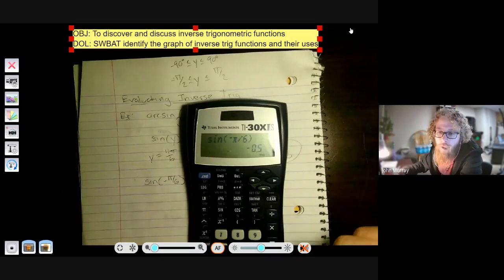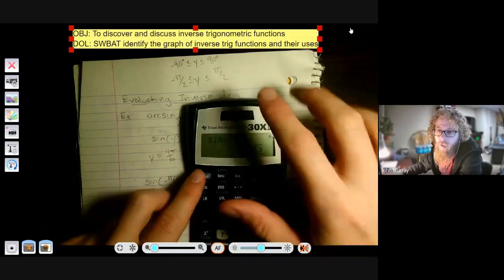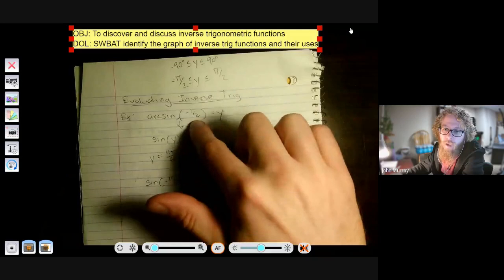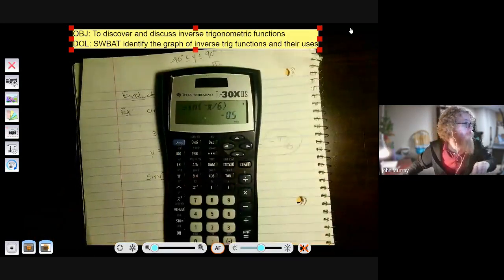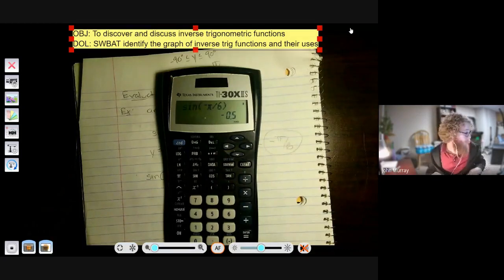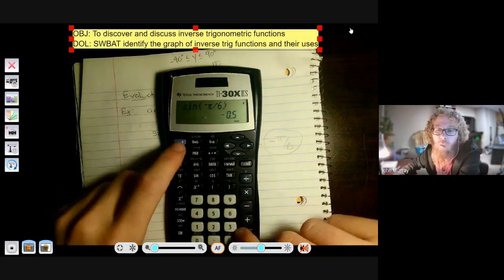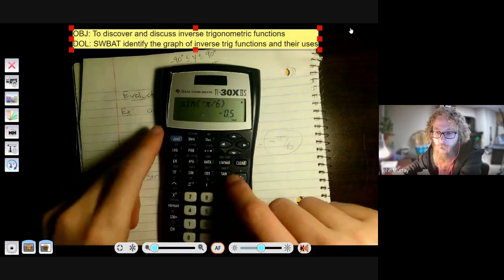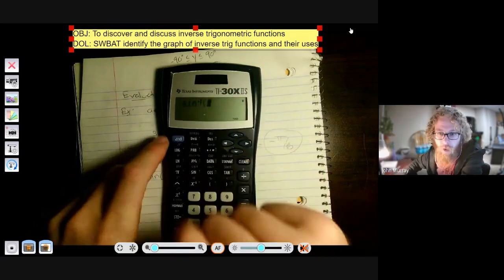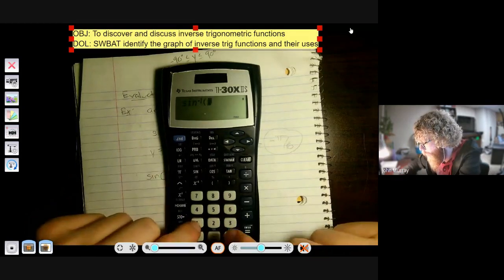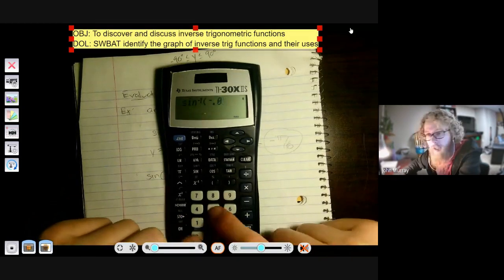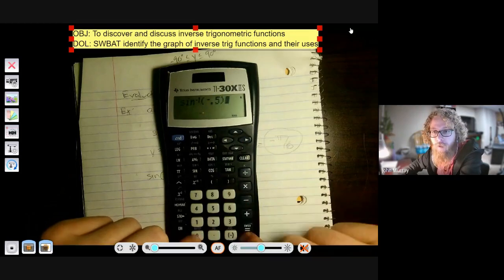Right? Let's try using the calculator. So I want to find arcsine of negative 1/2. So for this, for whatever calculator you have, I can't find my graphing one right now. Okay, you're going to hit the second button and then whatever one you want, and you'll see it pop up like that. And now I'm going to type in negative 0.5, not 0.05, 0.5.